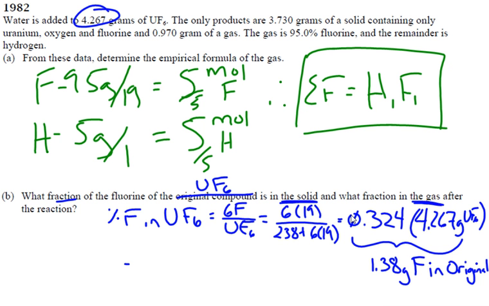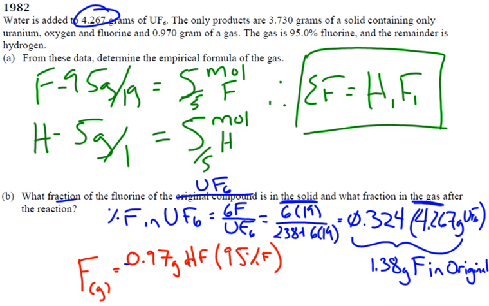All right, of that 1.38, how much made it into the gas? Different color. Fluorine in the gas would have been, if we had 0.97 grams of gas, which is HF, we know that that's 95% fluorine. The original amount of fluorine we had was 1.38 grams of fluorine.